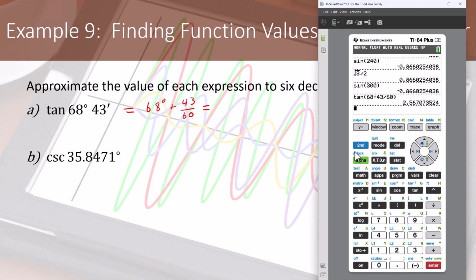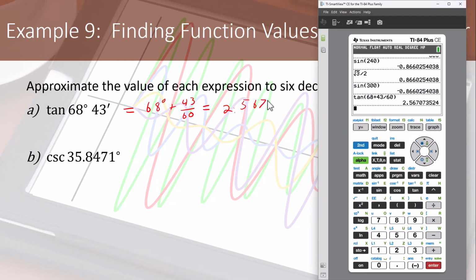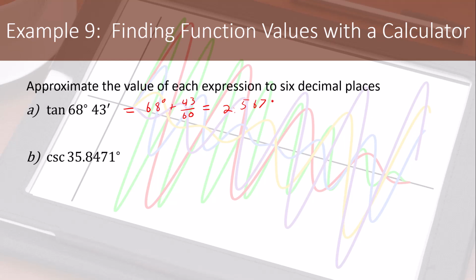Now they want this to 6 decimal places, so we want to write this out to 7 decimal places. That's going to be 2.567073073, and then my 7th decimal place is 5.